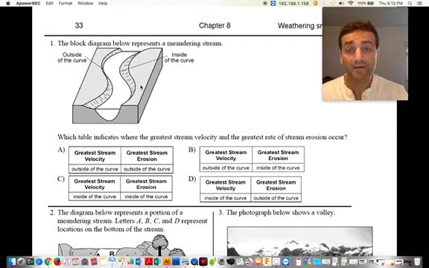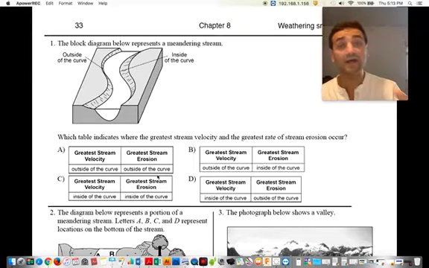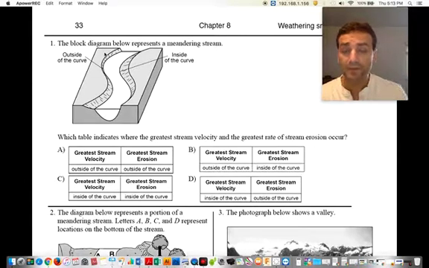So the slower the stream, the more deposition. The faster the stream on the outside, the more erosion. Okay. So let's see, greatest stream velocity on the outside of the curve. Yep, that's true. On the outside, it's the fastest. And the greatest stream erosion is on the outside of the curve.